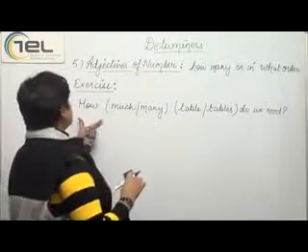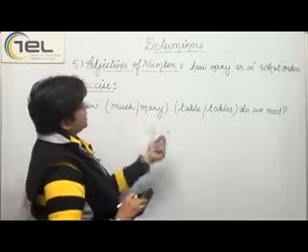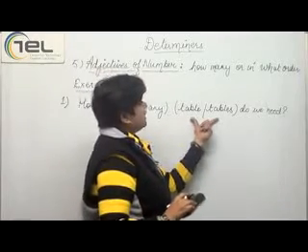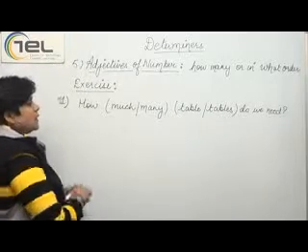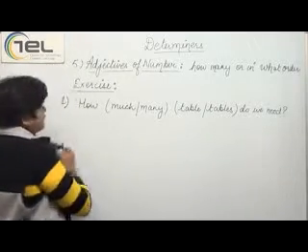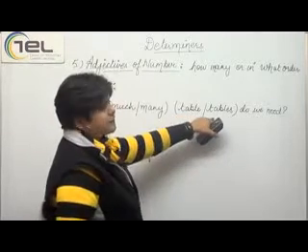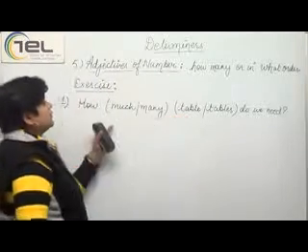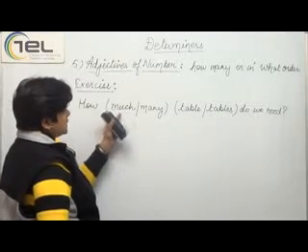The first sentence we have here is how, and in the bracket we are given much and many. There's a second bracket where we are given table or tables. Do we need? We need to select one. First of all, check the noun that we have here, table or tables. According to the noun, what we need to select is the determiner here.